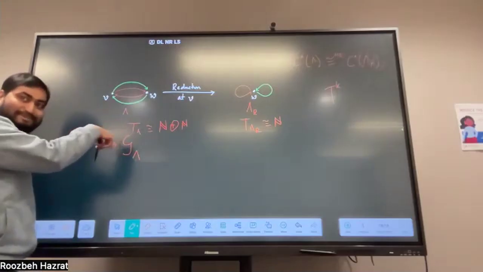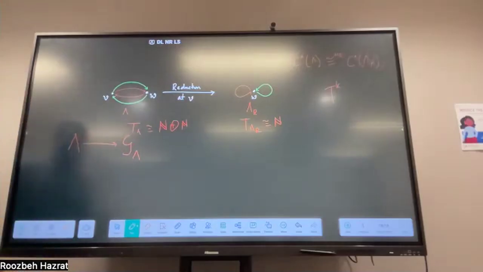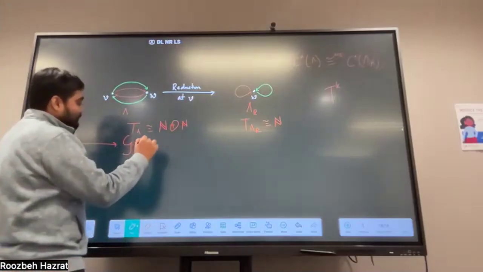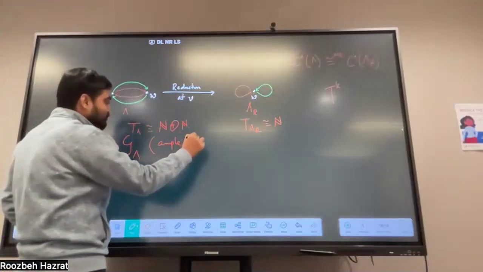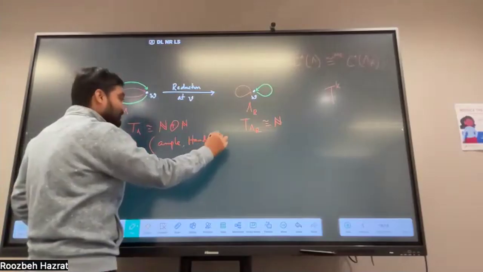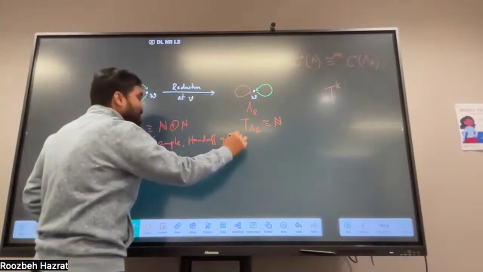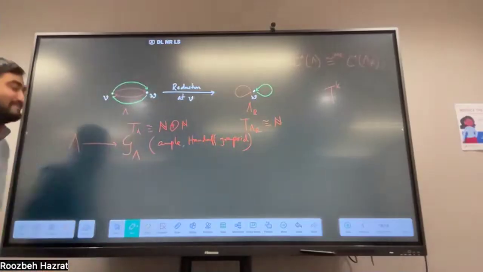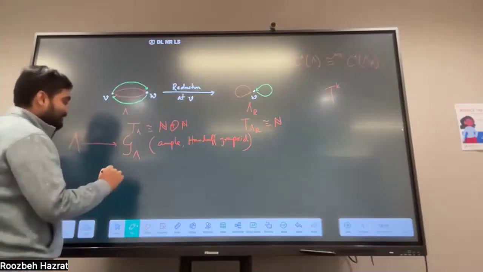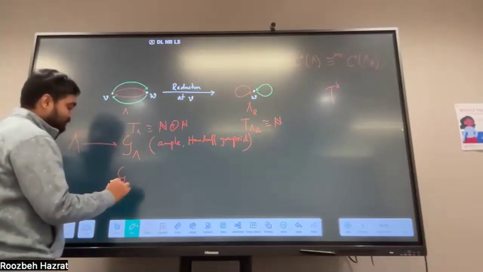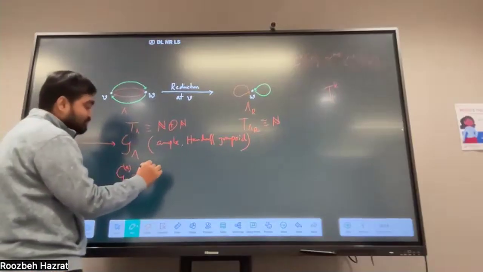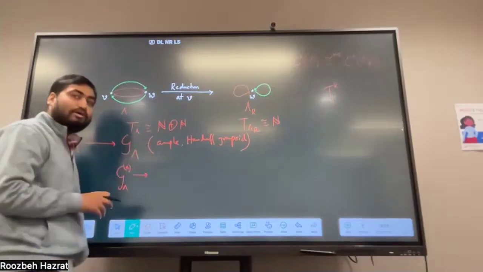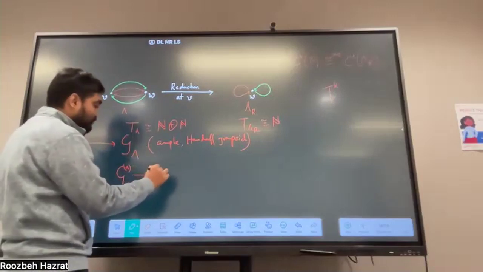This is an ample Hausdorff groupoid, everything nice, not very difficult. Then if you collect all the compact open bisections, you will have an inverse semigroup, a sophisticated one called the Boolean inverse semigroup.